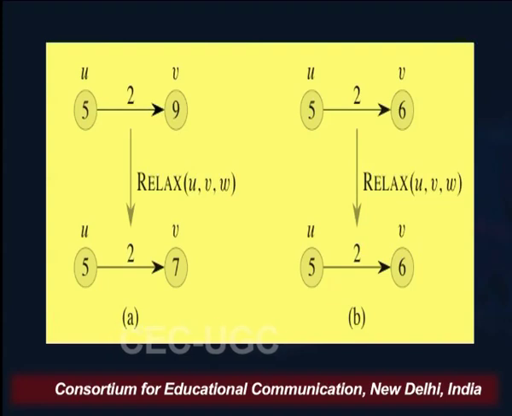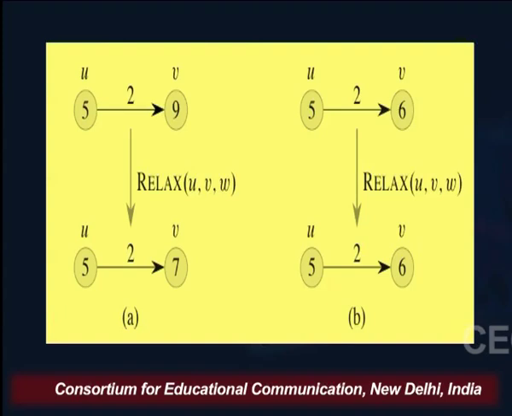So here is the figure which explains the relaxation. It says the distance of v from S is presently 9 and for u it is 5, but if we take a path from u to v, the total can be updated to 7, that is 5 plus 2, instead of 9.